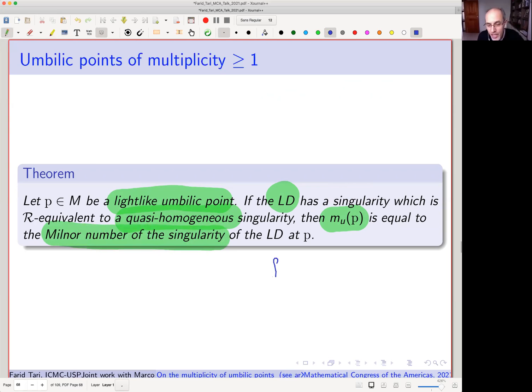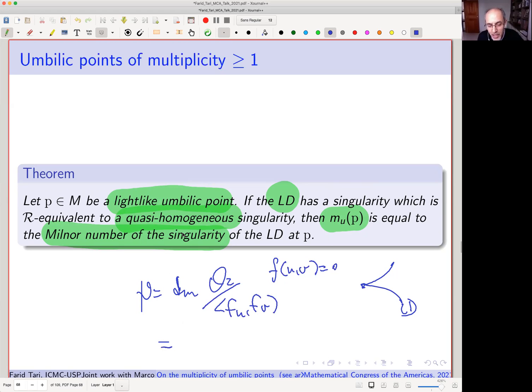So if f(u, v) equal to 0 gives the locus of degeneracy of the metric, what is the Milnor number? The Milnor number is just the dimension of O2 over the Jacobian ideal.